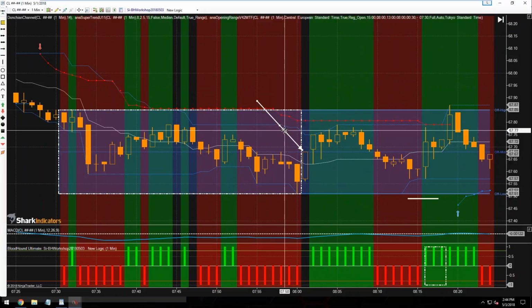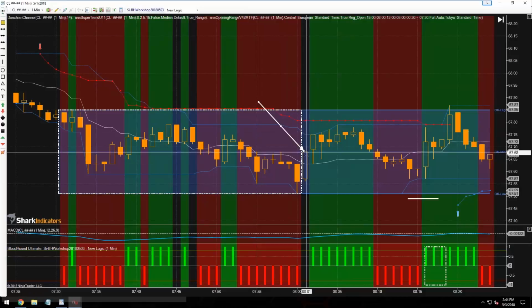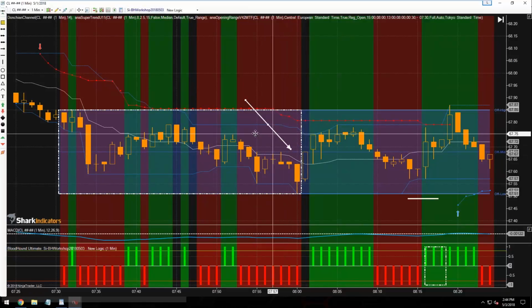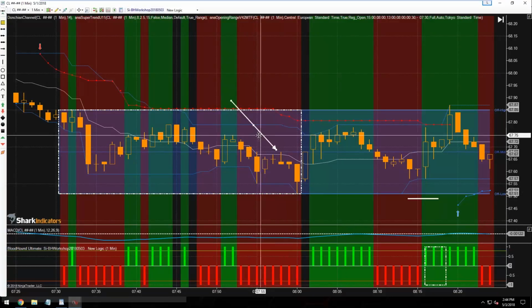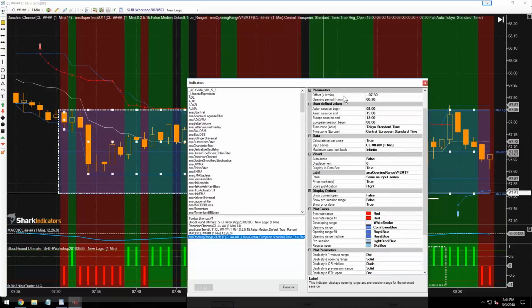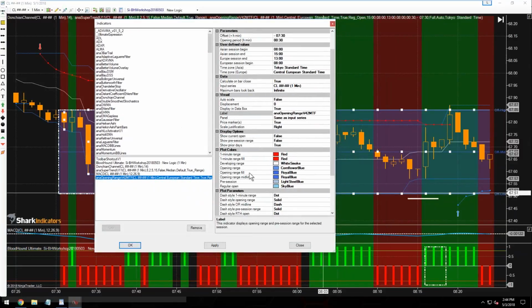Yeah, so looky here, we have a bar where the close of that bar is exactly on the midline. And actually, I don't think you guys can see it, but that midline is right there. It's really faint. Let me see if I can change the color.